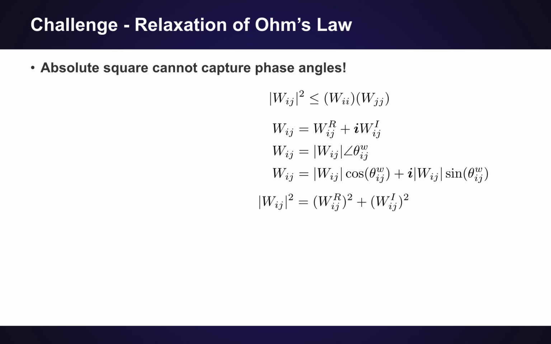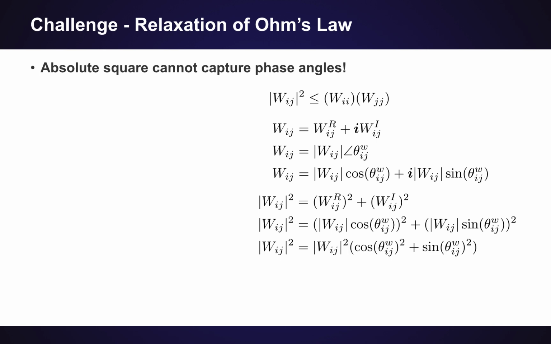So let's think about this particular constraint. Wij squared equals the real part squared plus the imaginary part squared. So we're just expanding out the left-hand side of our valid inequality into real numbers. Now replace WR and WI with their polar representations.